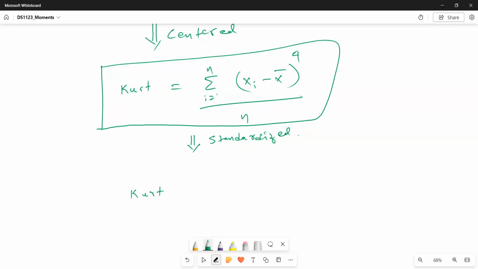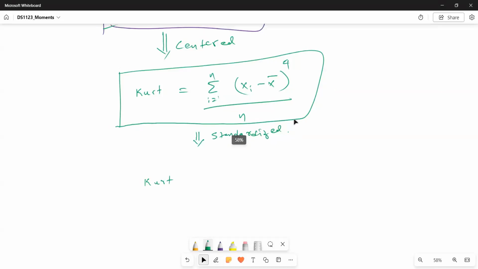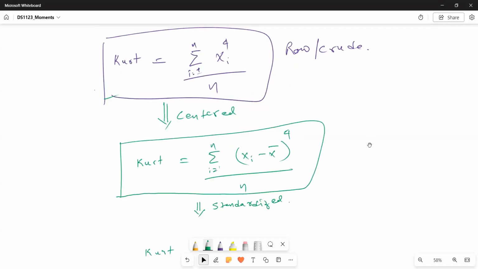What is the meaning of centered formula? When you make the formula independent of the mean, it's called the centered formula. How will you differentiate between the different formulas? By the time I give you the final formula, you'll have 5 formulas for kurtosis. So this is how the differentiation is done. This is centered, and this is the raw or crude form of the formula.